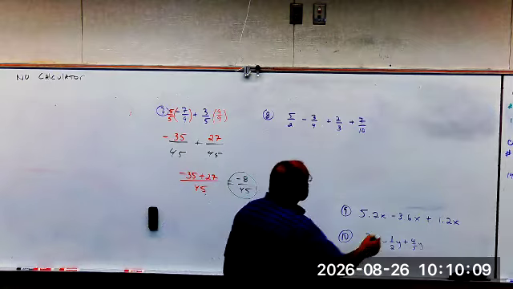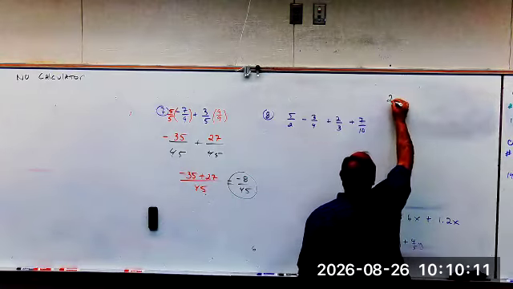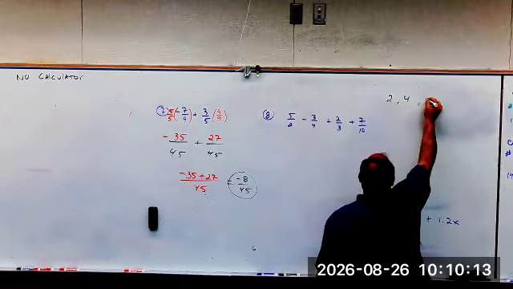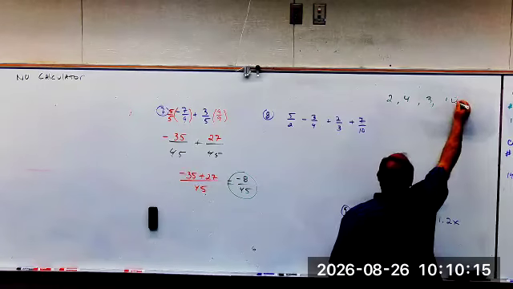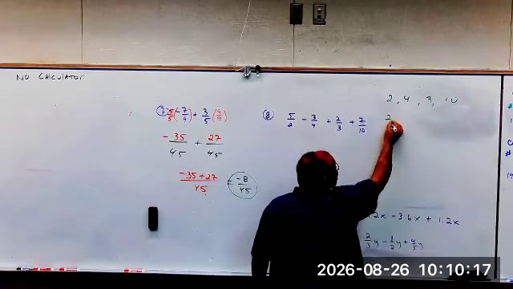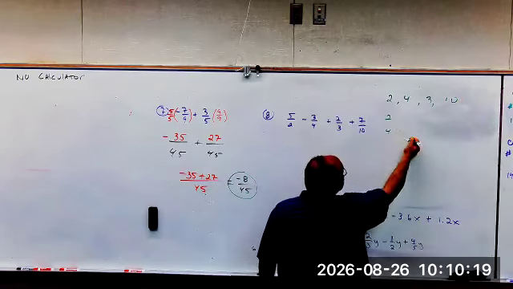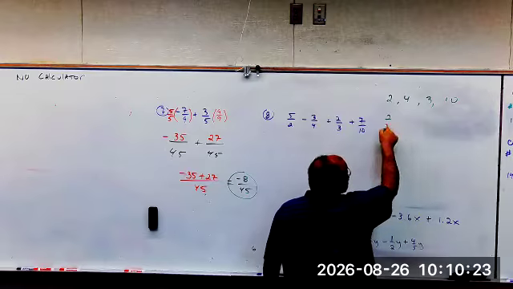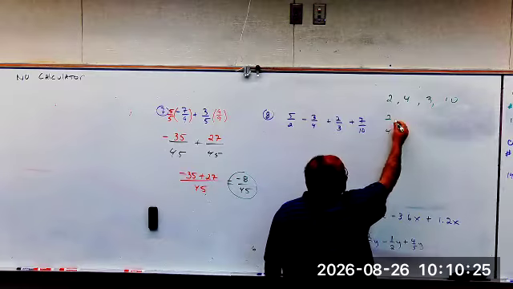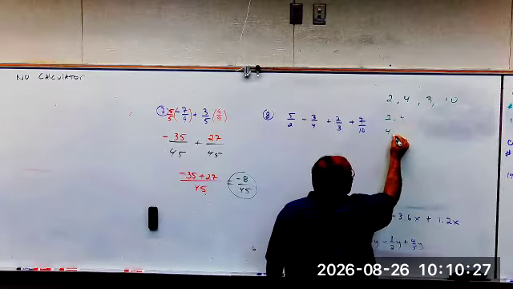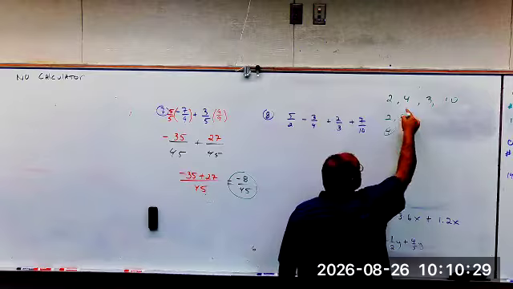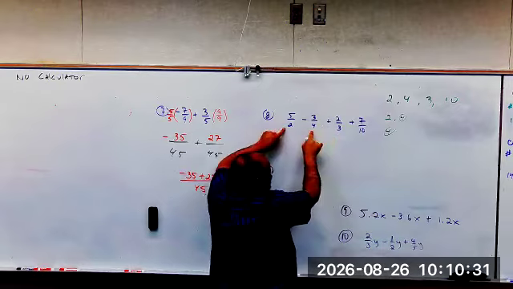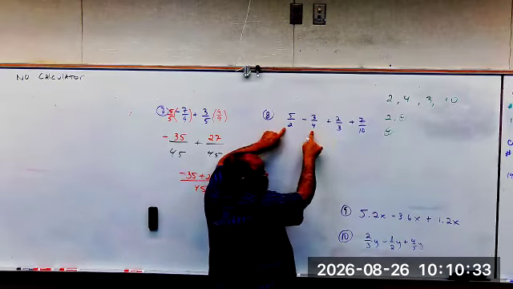So here are my denominators. You have a 2, then a 4, then a 3, and then a 10. So 2 and the 4. Well, the common denominator for this is going to be a what? 4. Because the multiples: 2 times 1, 2 times 2 is 4. The least common denominator for this right here would be a 4.